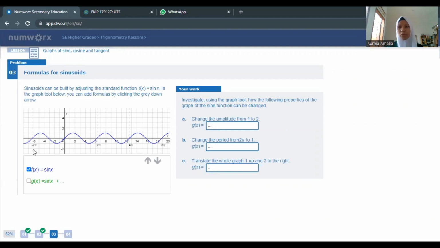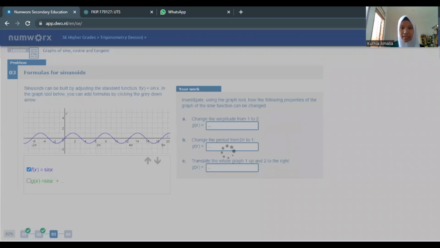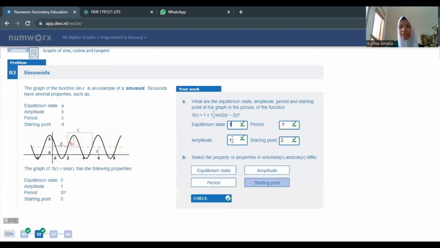As we answered in number 2, we know that the sine function consists of the amplitude, the sine, the period, and then the starting point. This is the amplitude, the variable before sine.